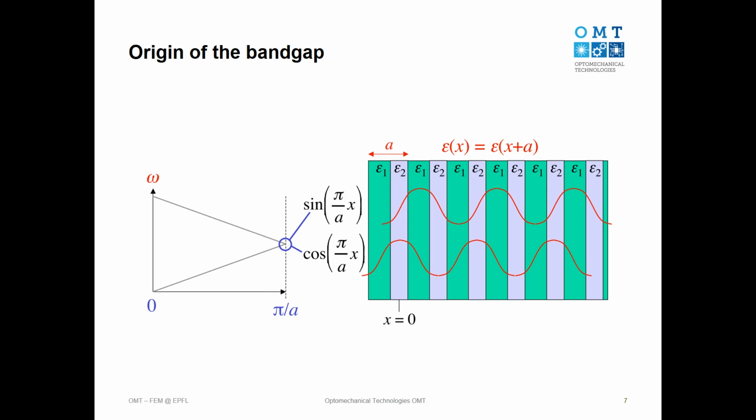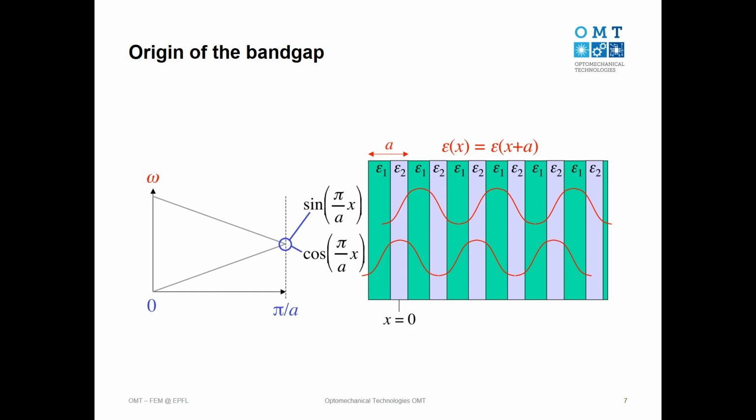But this one has higher amplitude in the high refractive index region, so it effectively has a higher refractive index. For the other one, it's the opposite way. It has lower effective refractive index. So two modes with the same frequency and different n, which doesn't make sense. So everybody is having some problem with this.